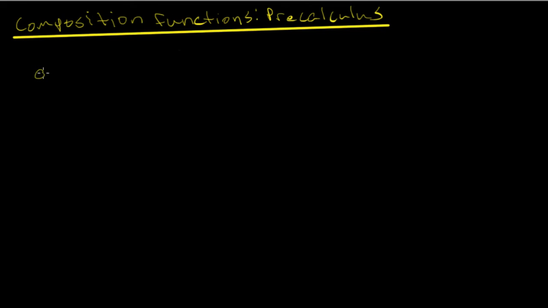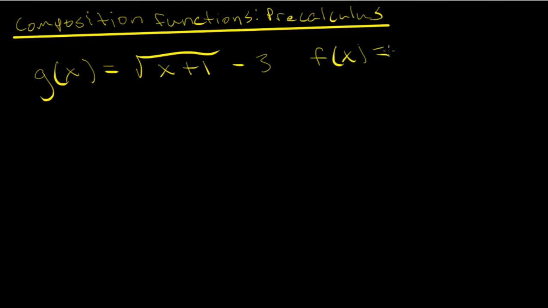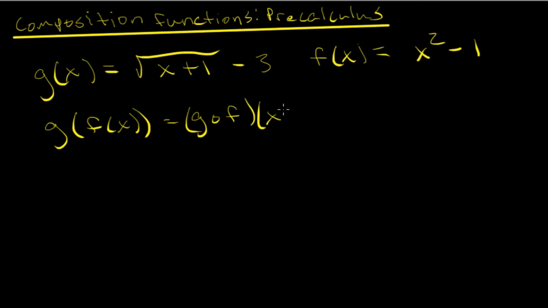So let's say that g of x equals the square root of x plus 1 minus 3, and f of x equals x squared minus 1. And we want to know what g of f of x, or written as g circle f of x, is.